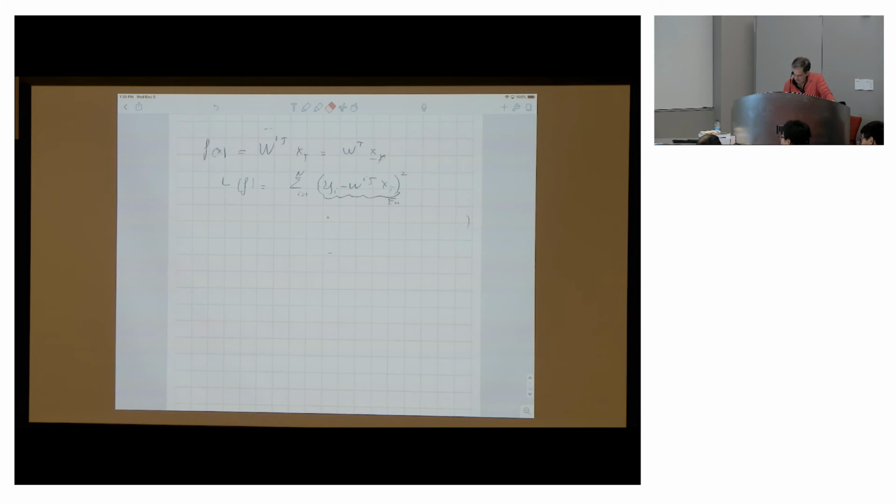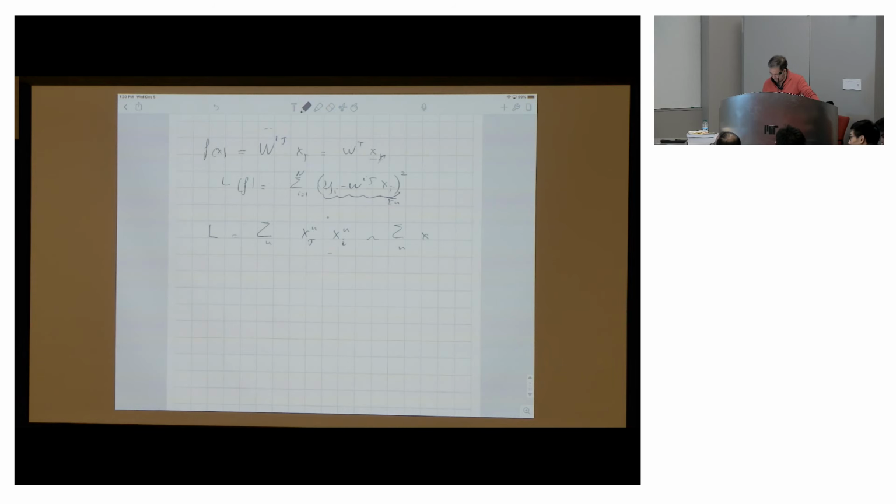We have that the Hessian of L is equal to the sum over n of this, let's say i n. This is the same as the sum over the examples of the autocovariance matrices of the examples.